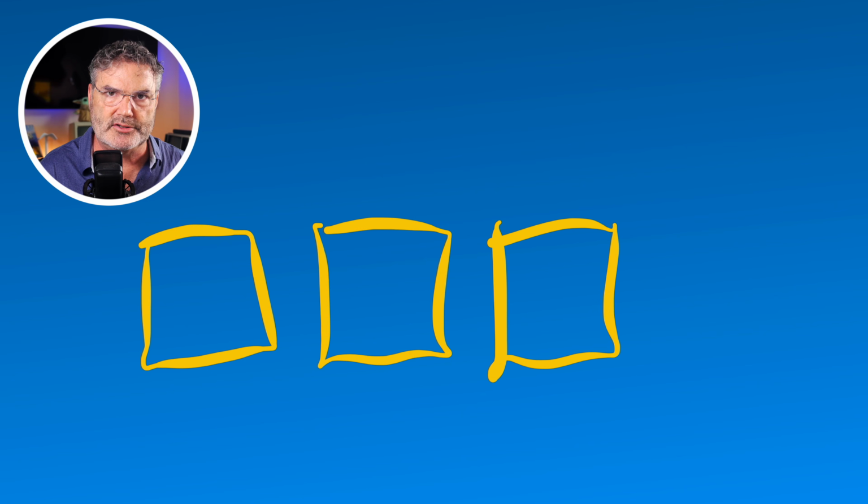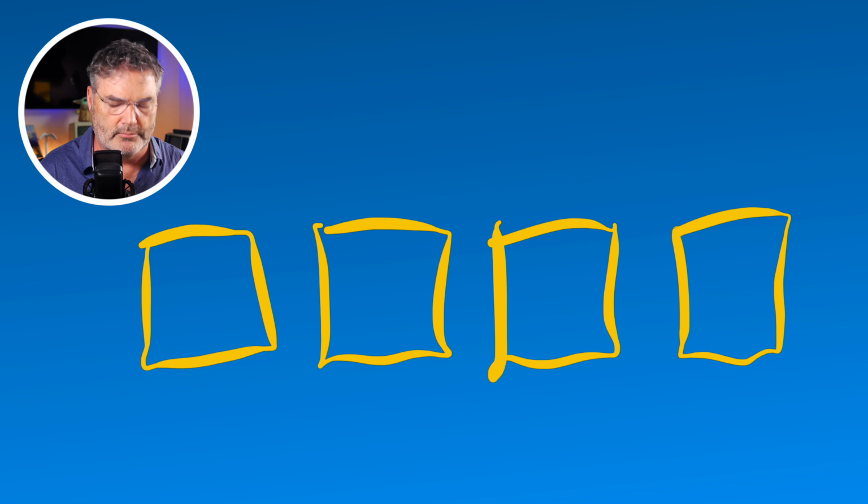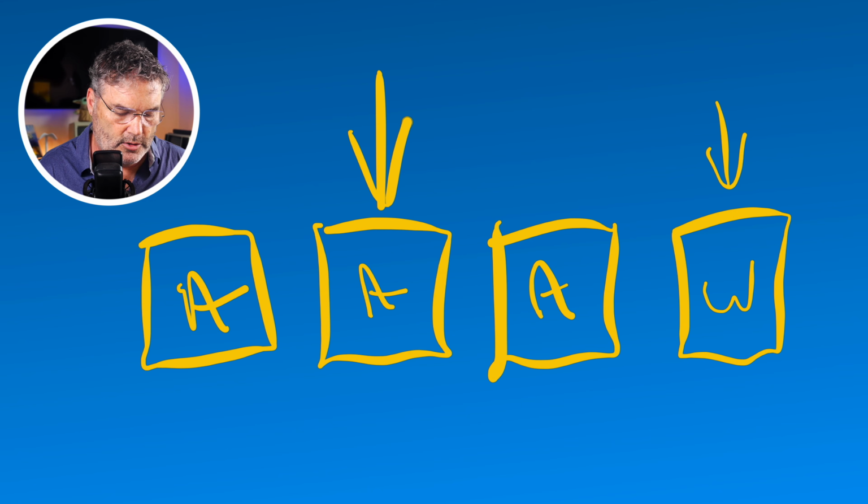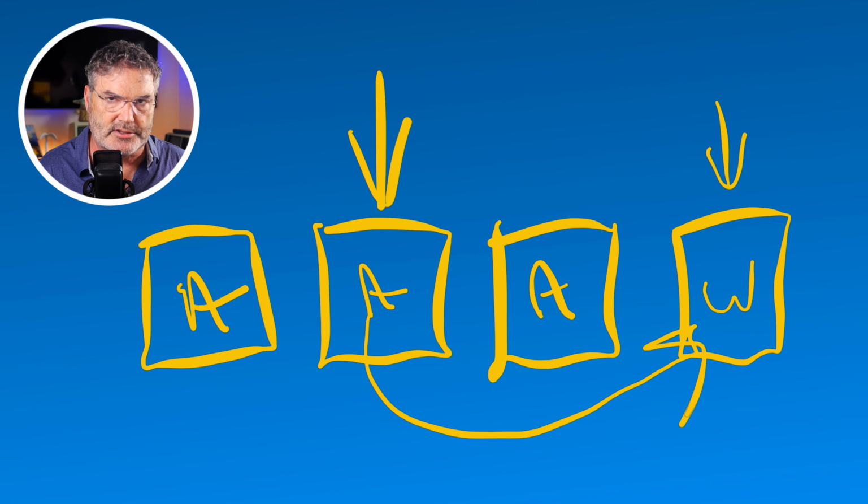Open up another app, it's its own space. Open up another one, it's its own space. Essentially, this is an app, this is an app, this is an app. When we go into our windowed mode, this last one right here is actually where we have all of our windows. So if I open up this app here, it's going to move it into that space. I hope that makes sense.